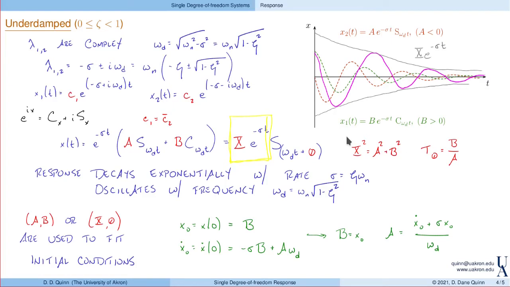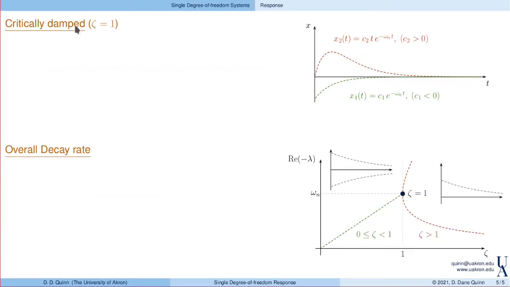So what's left? Well, it's that case in the middle. And that was a critically damped system. So zeta is equal to 1. Now, in this case, lambda 1 equals lambda 2, which equals minus sigma. Of course, sigma was zeta omega n. Zeta is equal to 1, so this actually just reduces to minus omega n, natural frequency.